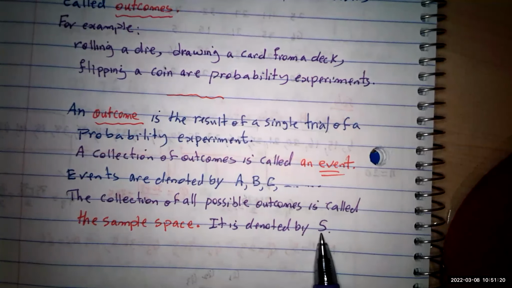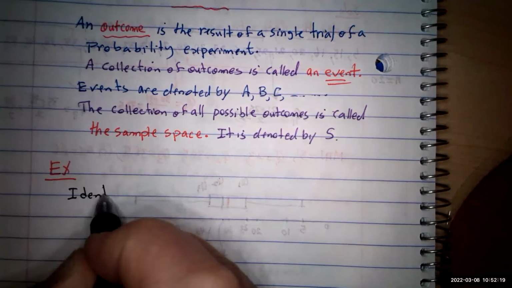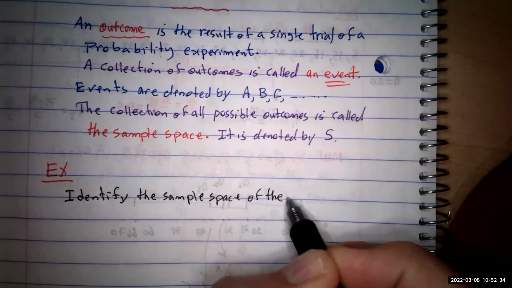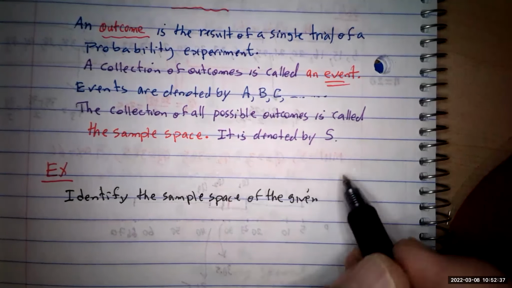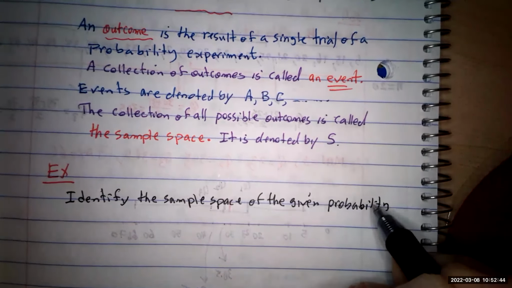Example: you want to identify the sample space of the given probability experiment, the ones that you mostly have to use for the problems in this section.